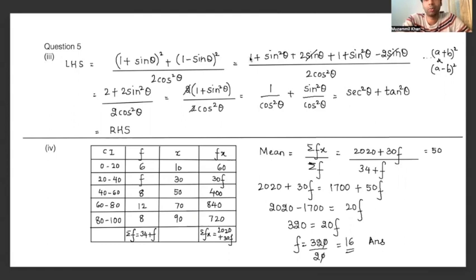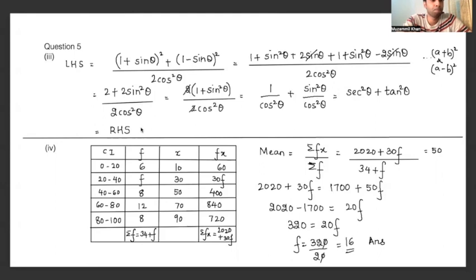And then what would be left is 1 plus 1, that's 2, and sine square theta plus sine square theta is 2 sine square theta. On taking 2 common, we would get 1 plus sine square theta in the bracket, and the denominator is 2 cos square theta. And both the 2's get cancelled, and that is how we have 1 plus sine square theta upon cos square theta.